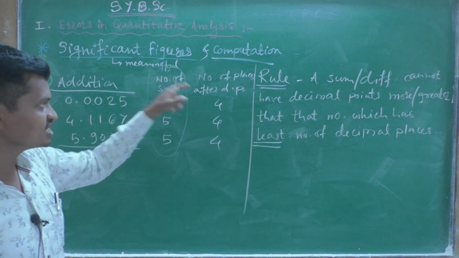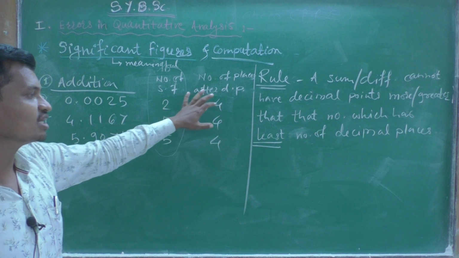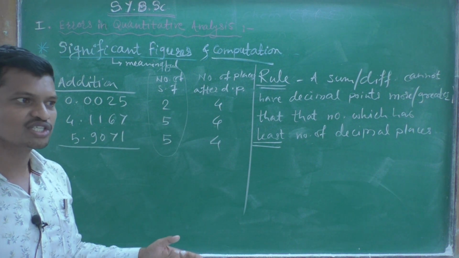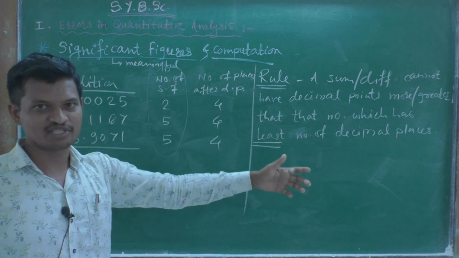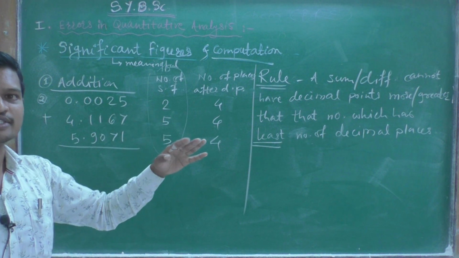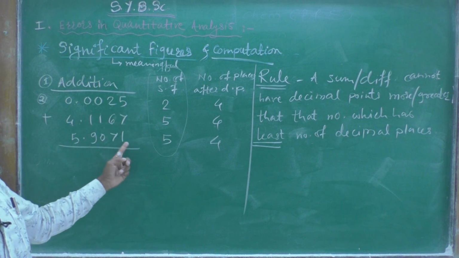Let's just focus on the number of places after the decimal point. In all these numbers it is 4, so there is no question of which number has the least number of decimal places, because all of them have 4 places after the decimal point.